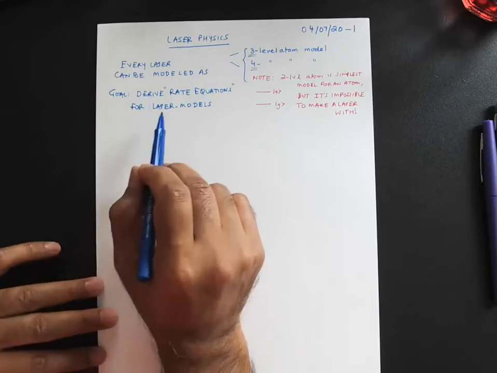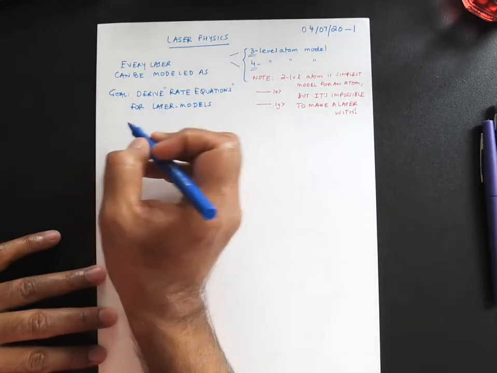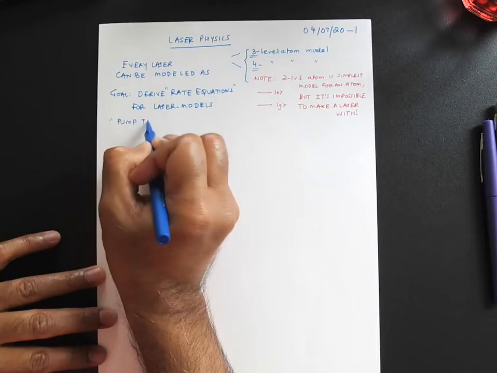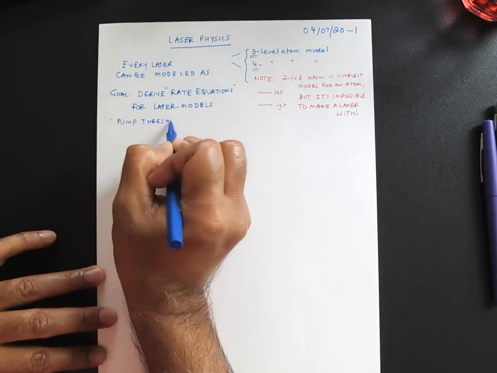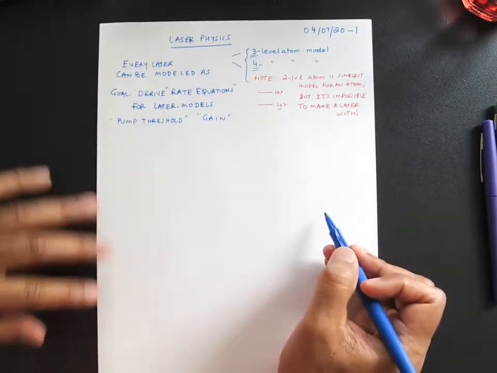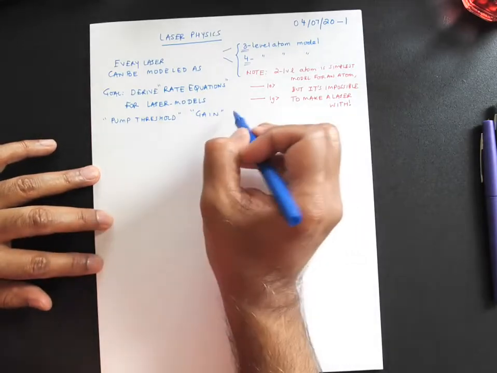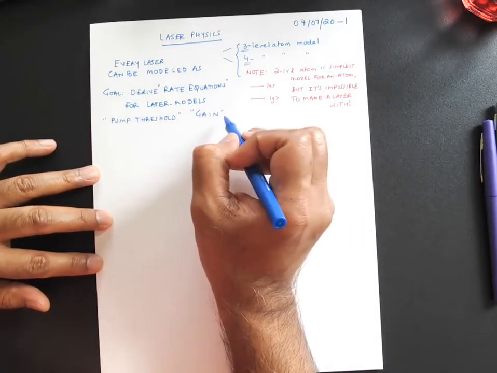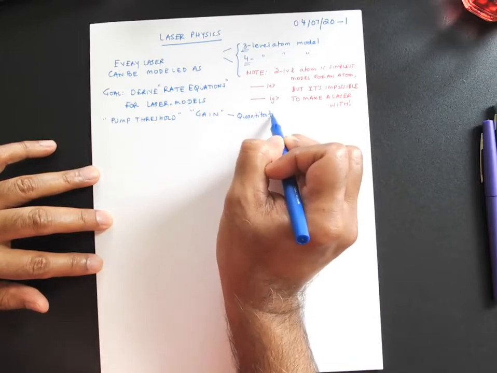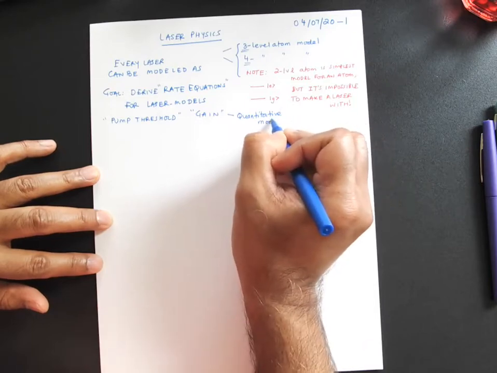Okay, so our goal is to derive these rate equations, and then what it will do is introduce you to ideas such as pump threshold and gain. Now, we've talked about gain, but now you'll have a quantitative picture of terms like this, a quantitative model.